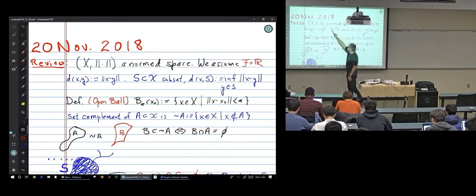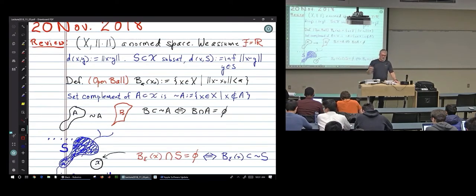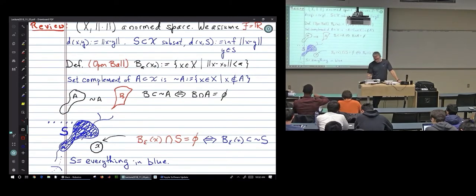And if we have a subset, just like when we were doing best approximation problems, the distance from a point to a set is the infimum over all of the points y in the set of the distance from x to y. So we're going to use the notion of distance to characterize open sets and closed sets, basic topology. And then that will set us up for doing sequences, and that will set us up for the fun stuff.